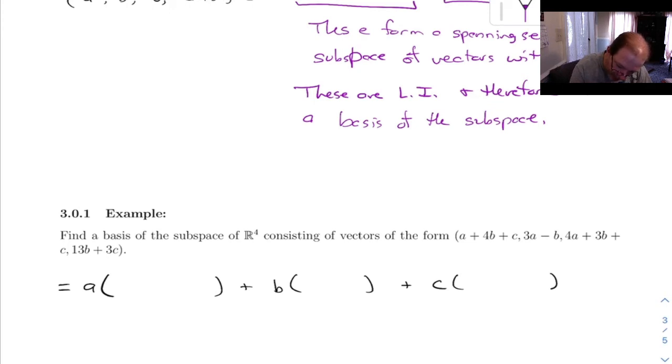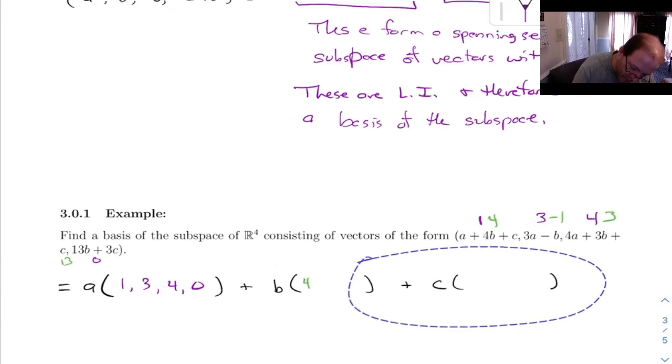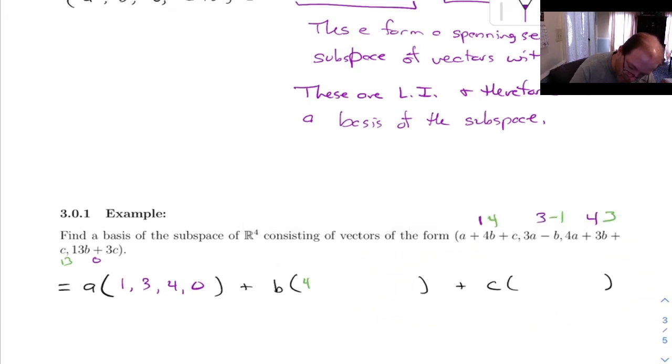So let's see for A. I'm going to actually write this above here. For A, we've got 1, 3, 4, and 0. All right, the coefficient of B is 4, -1, 3, 13.